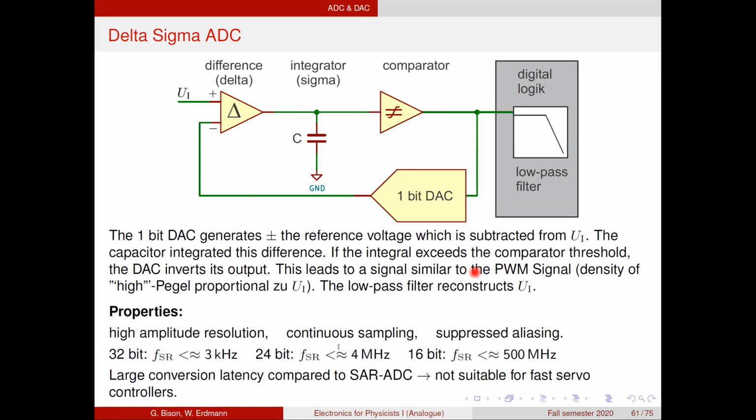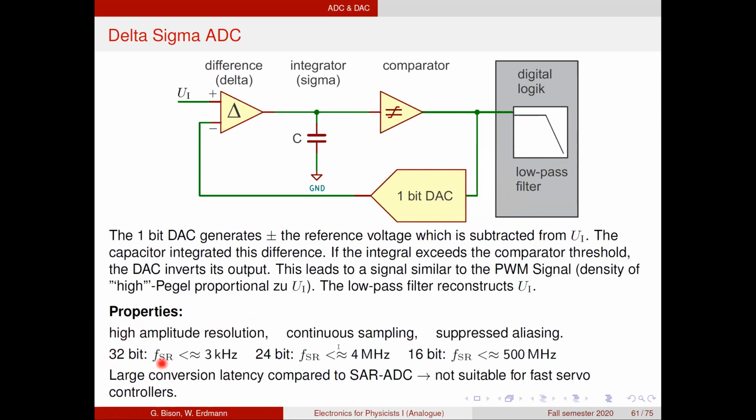Typically, delta sigma ADCs, despite the fact that the signal starts as a 1-bit representation, have the highest bit resolutions in the end after this digital low-pass filter.